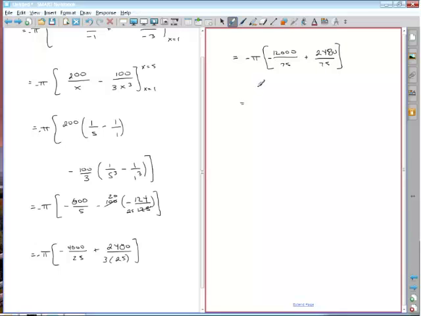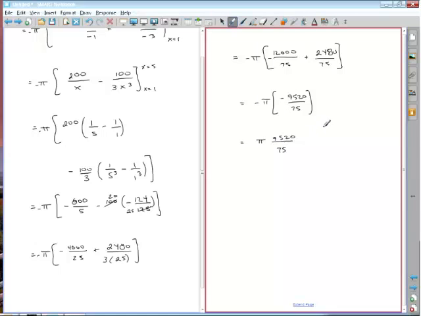So 12,000 minus 2480 is 9,520, and this is going to be negative. So we'll have negative 9,520 divided by 75. And so then we end up with positive pi, negative times a negative is positive, 9520 divided by 75.